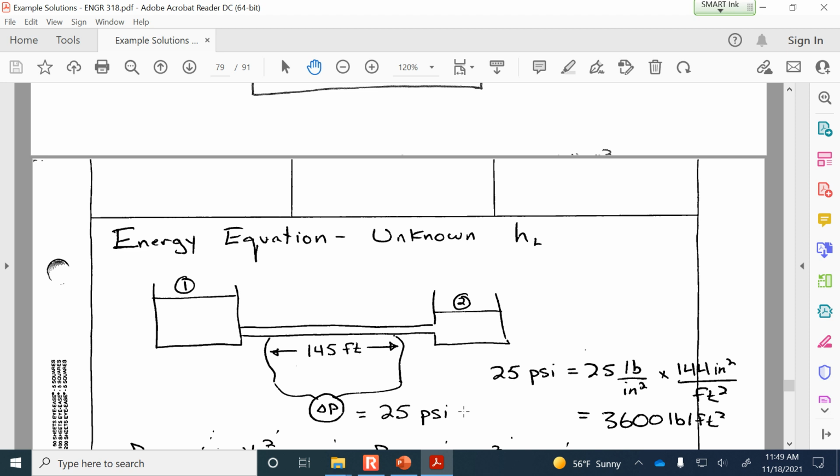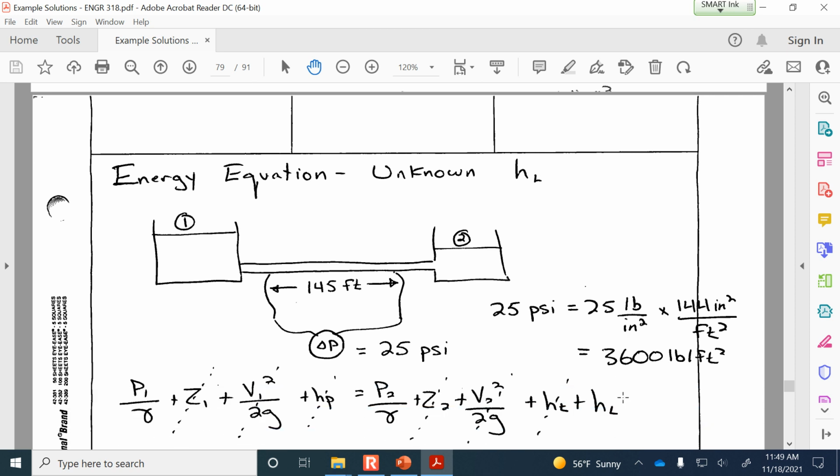That 25 psi is 3,600 pounds per square foot. And we need to have it in terms of per square foot because the unit weight of water, 62.4 pounds per cubic foot. And we want to know the head loss in terms of feet. So to be dimensionally consistent is why we had to convert from psi into pounds per square foot.